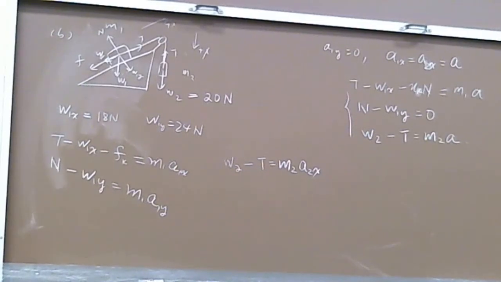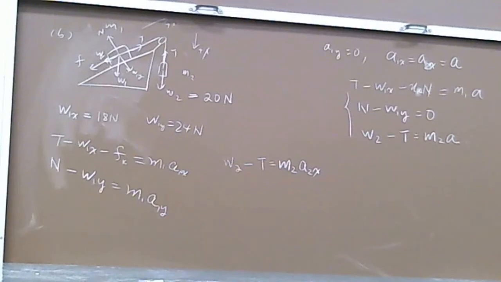You have three unknown quantities and three equations, so you can solve for it. It's quite simple. This one directly gives you n equals to 24. If you substitute to here, you get T minus 18 minus 0.2 times 24, which is 4.8, equals to 3a, and 20 minus T equals to 2a.